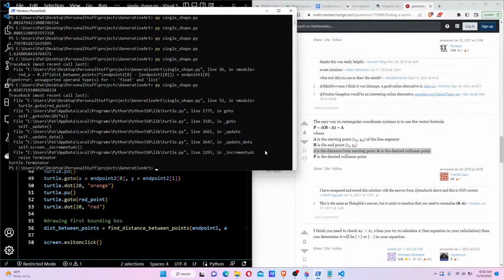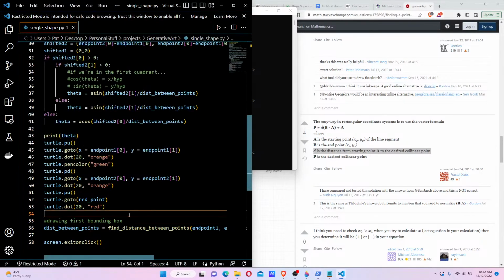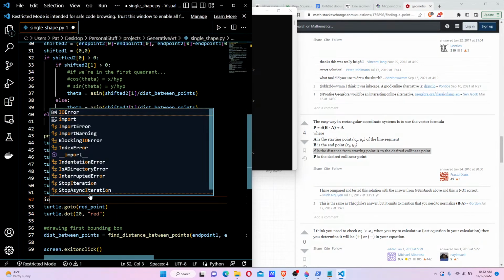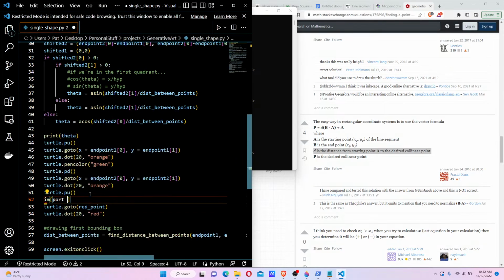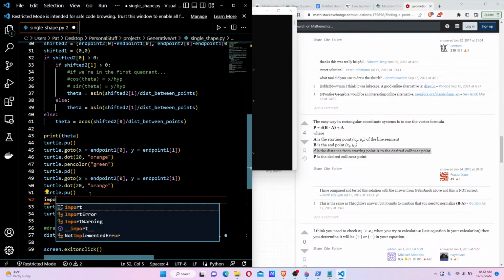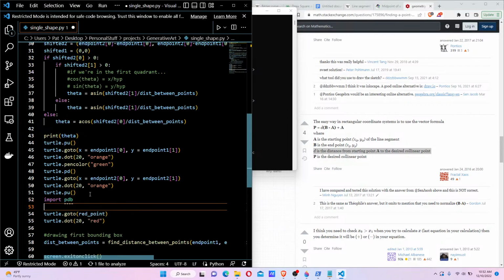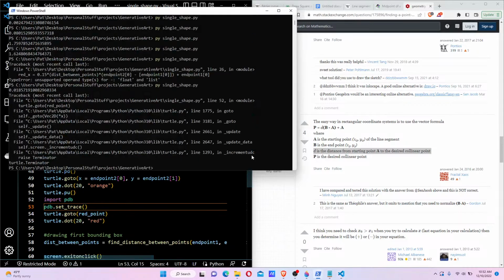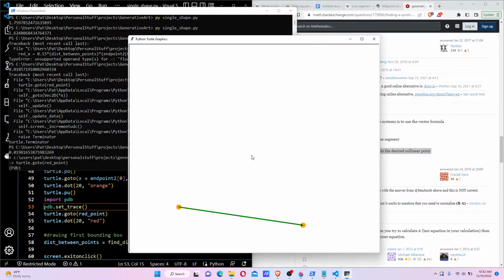So why isn't that working? So put the debugger in there, see what's going on. Okay, run it again.